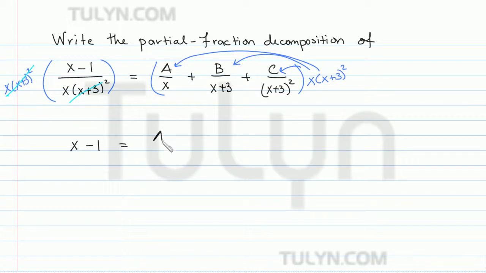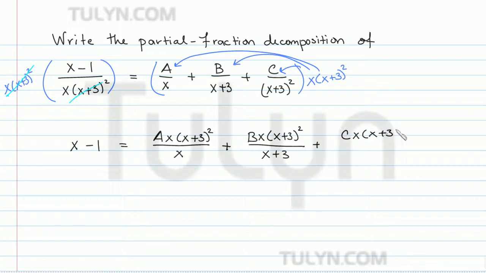So on the right we get A times the LCD, x times x plus 3 squared over x, then B times x plus 3 squared over x plus 3, and then C times x plus 3 squared over x plus 3 squared. And now we see what we can cancel out.